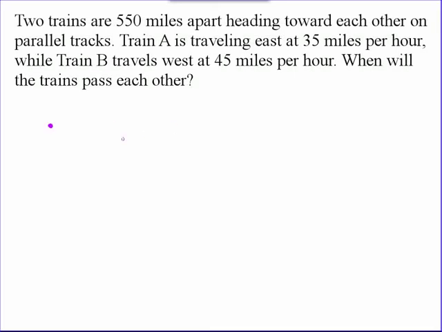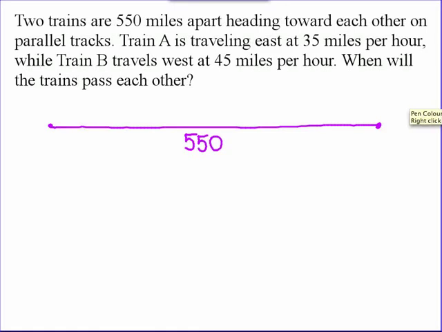So basically what they're telling us is that we have 2 trains here. This total distance is 550. We have train A, which is going this way at 35 miles per hour.